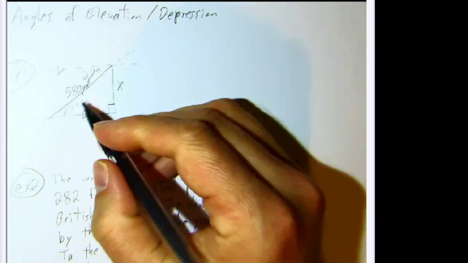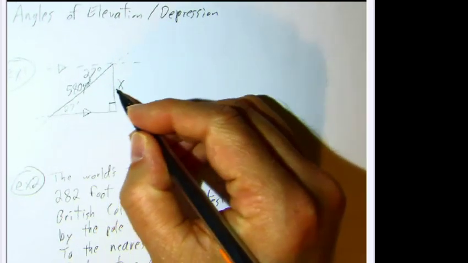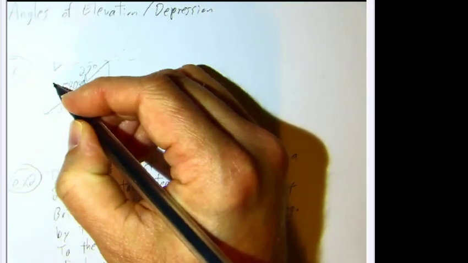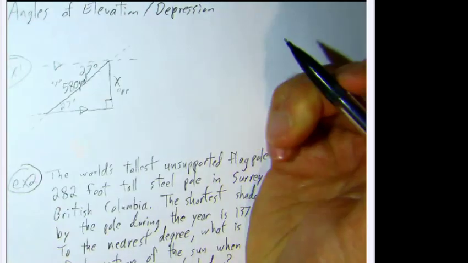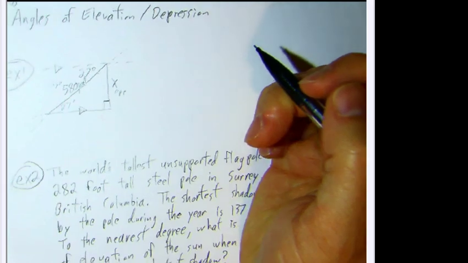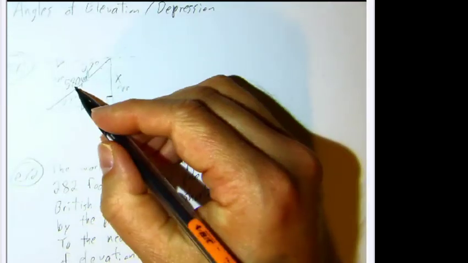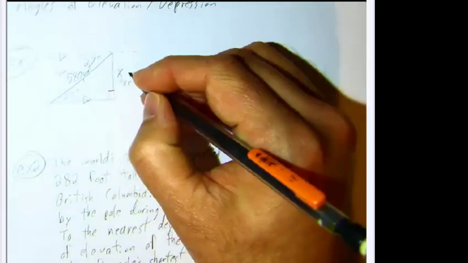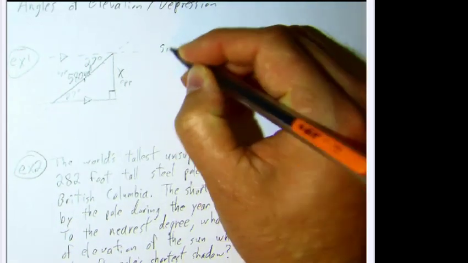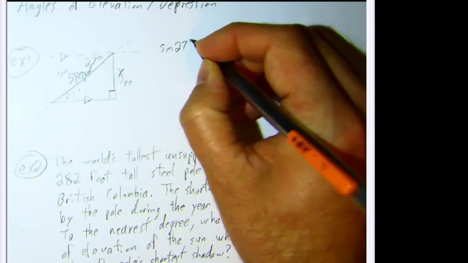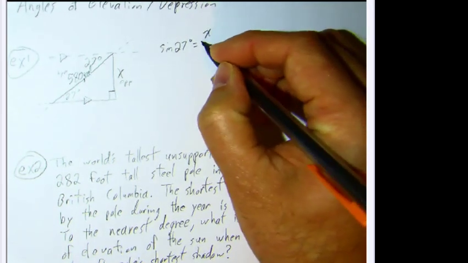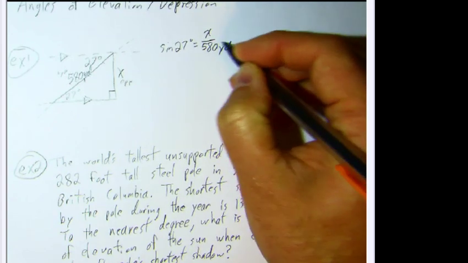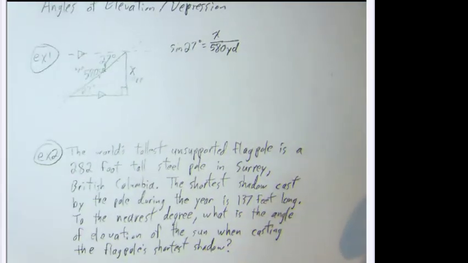Now from this 27 here we have opposite, and from the 90 here, this is going to be our hypotenuse. And then this is our 580 yards, and then this is our x. So opposite and hypotenuse is sine, so I'm going to say the sine of 27 degrees equals opposite over hypotenuse, like that.